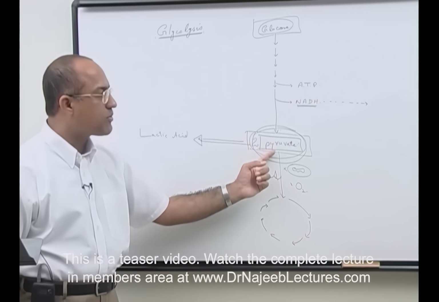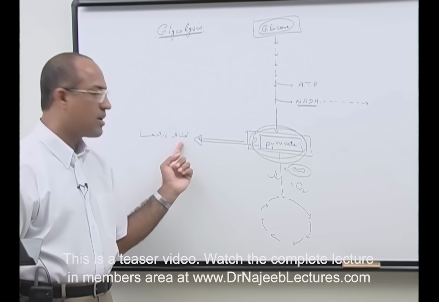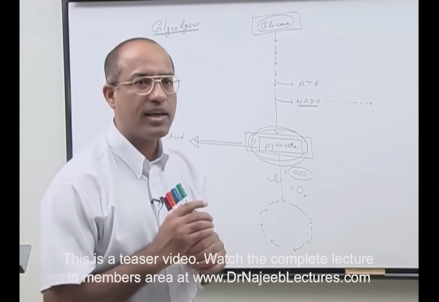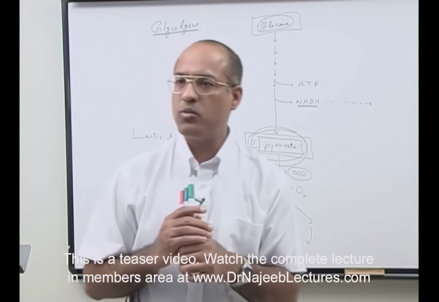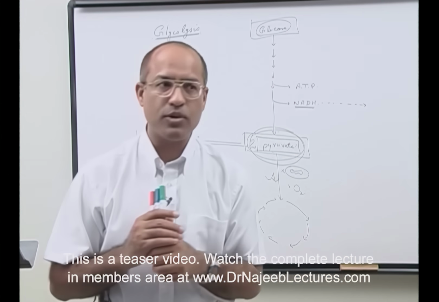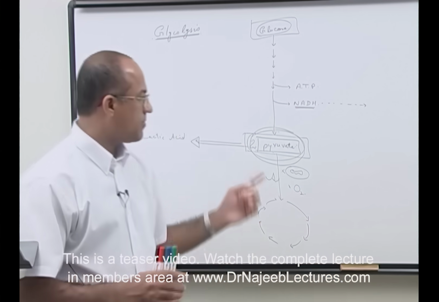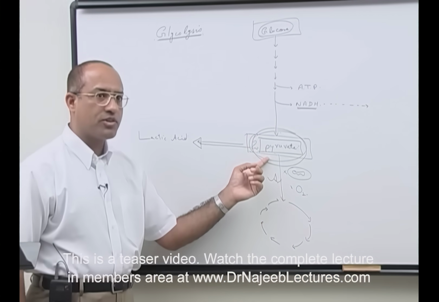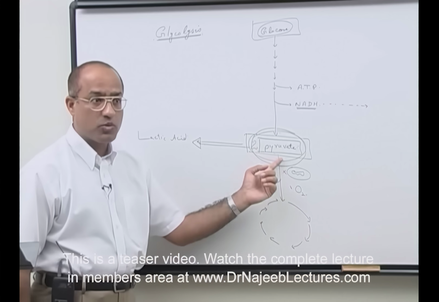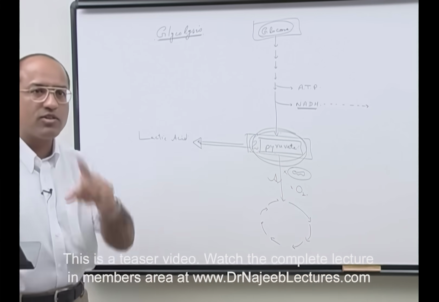Those cells have to take the pyruvate to lactate. Due to absence of the mitochondria, we cannot do aerobic glycolysis, so we have to move to lactic acid.